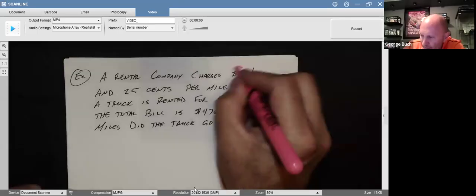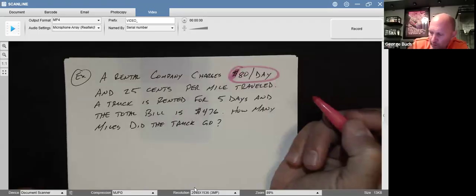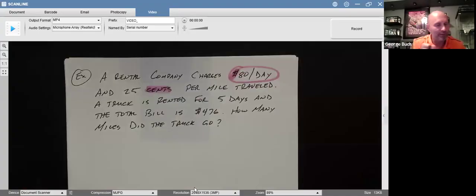It's telling us it's $80 a day for the rental, but 25 cents per mile. We want to make sure our units are the same, so when I start creating my equations, I'm not dealing with part of it in dollars and part of it in cents. But anyways, the total bill is 476. How many miles did the truck go?